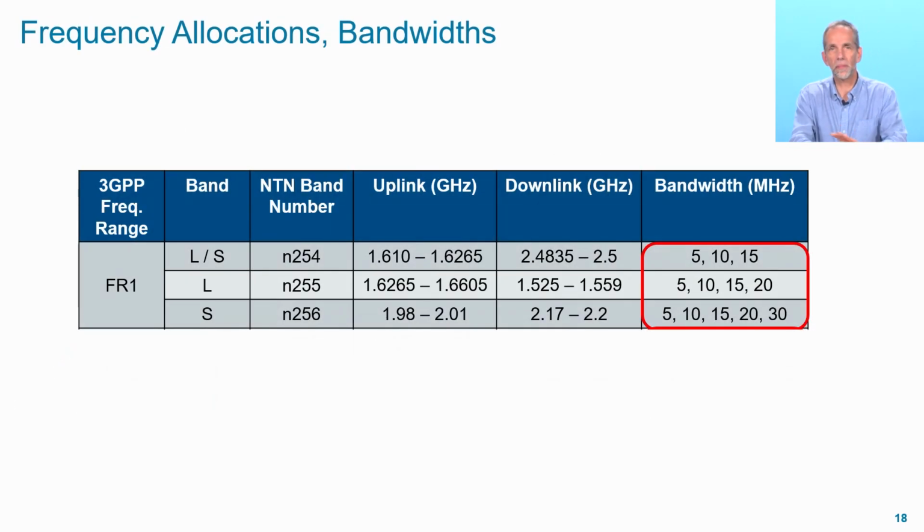Okay, let's talk a little bit about, again, with architectures, frequency allocations, and bandwidths. The main point here is that NTNs are primarily meant to provide ubiquity and resiliency of coverage. They're not really meant to provide massive bandwidths like the terrestrial network. So you see in the circled area on the right, the bandwidths for 5G anyway are not that great. This is in the FR1 frequency range, L and S band.